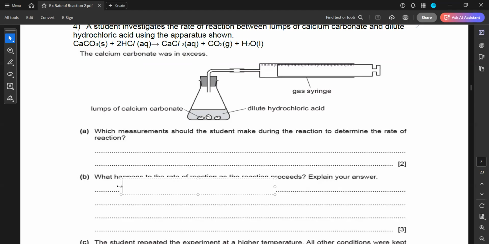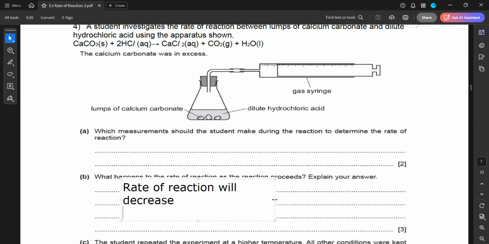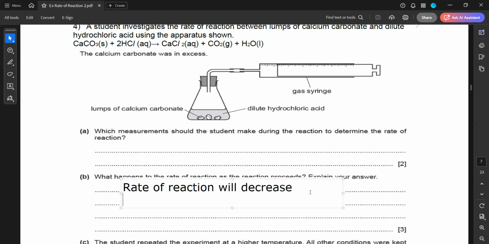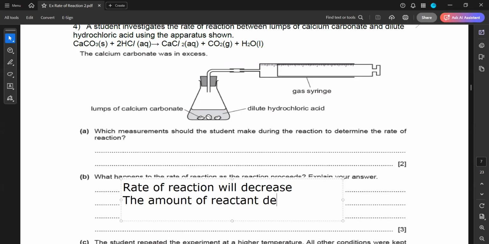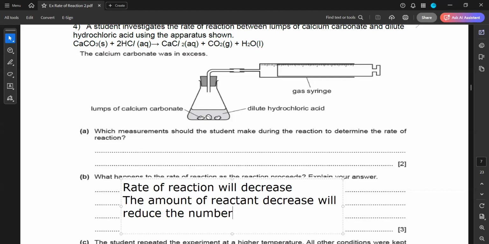So how do you structure this answer? You will say the rate of the reaction will decrease. Why will the rate of a reaction decrease? Because the amount of the reactant decreases, which reduces the number of collisions in unit time.